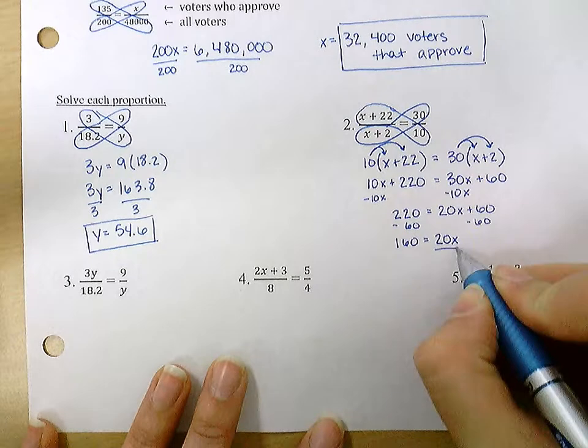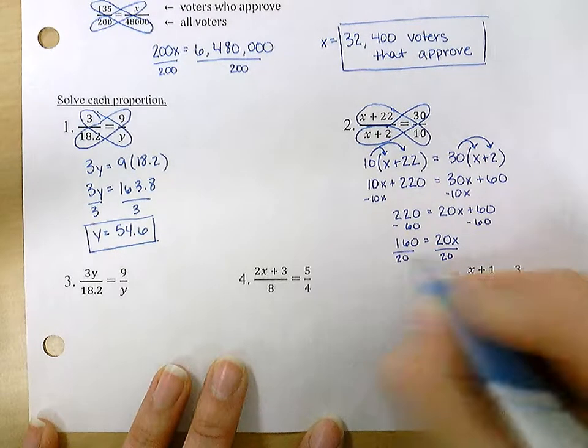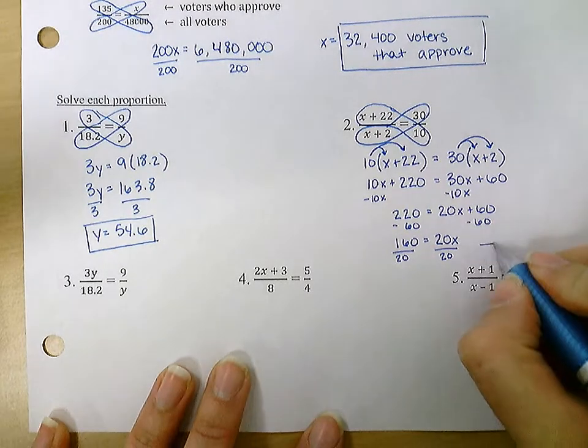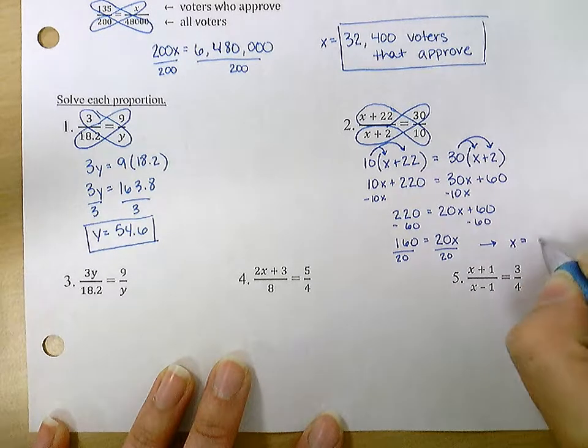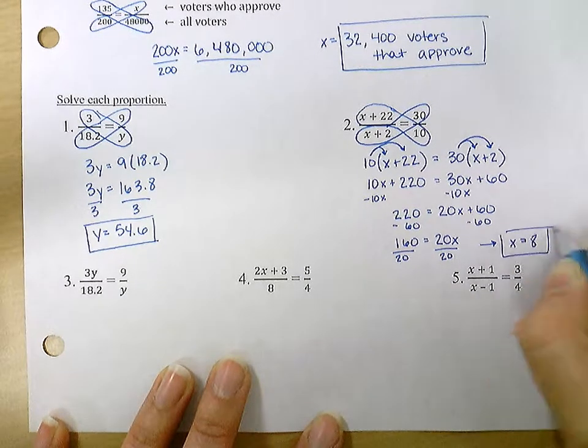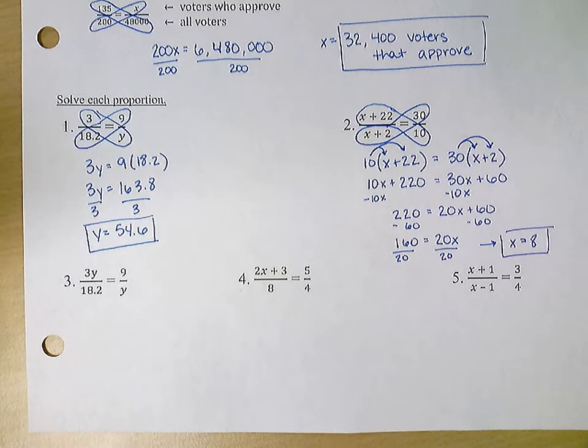And divide by 20. And x should equal 8. Okay, questions on how I did that one? Okay, so again, if you have that quantity, you do need to distribute.